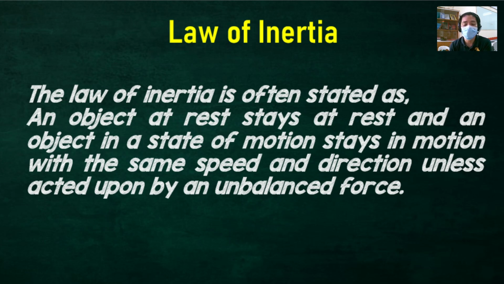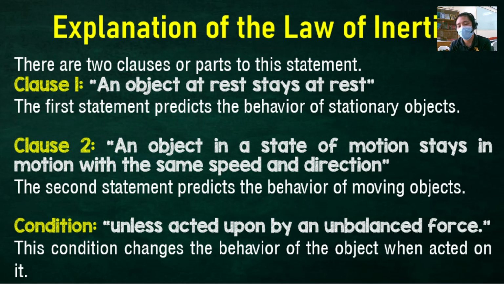In order for us to fully grasp the concept of the law of inertia, let us explain every phrase in this statement. Number one, the first clause is that an object at rest stays at rest.